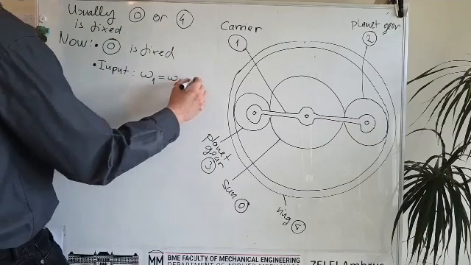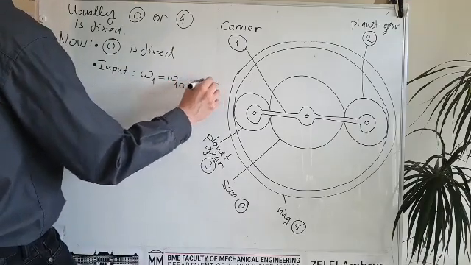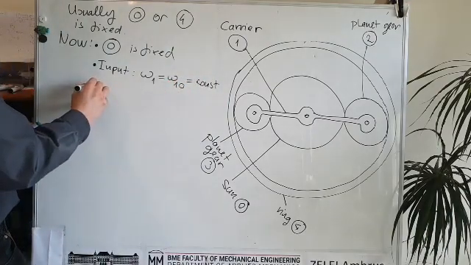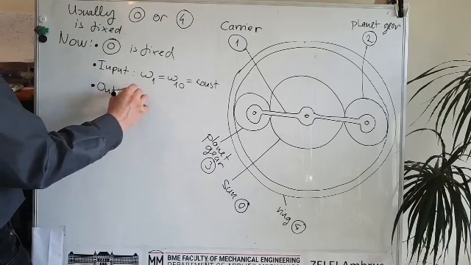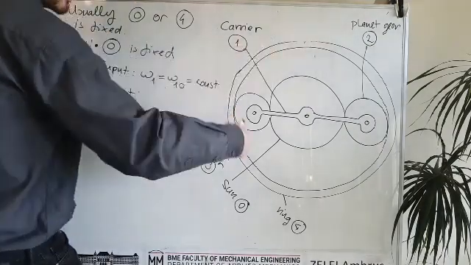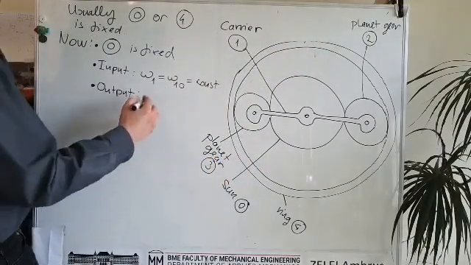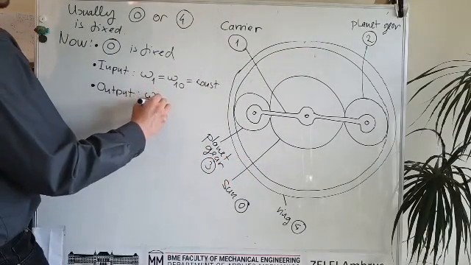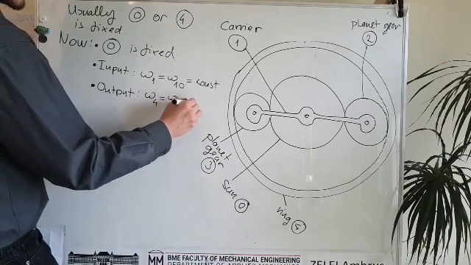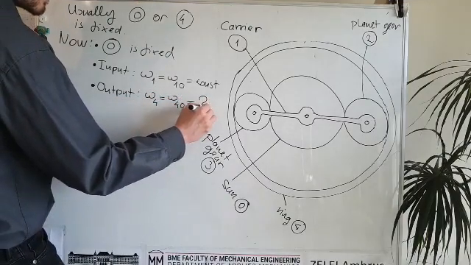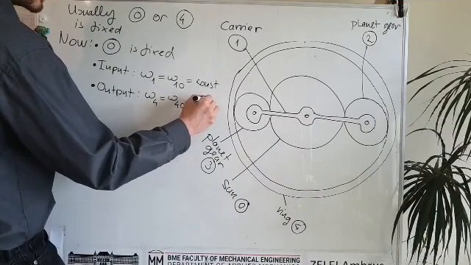This is constant or given, and we also know that the output is the rotation angular speed of the ring, and this is the question, how to calculate this.